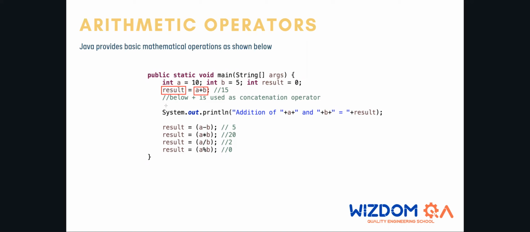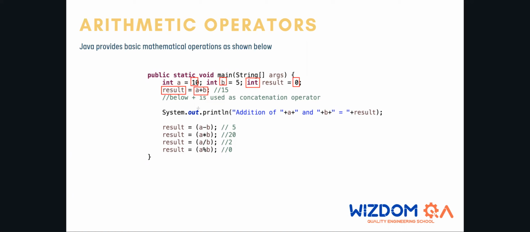The result variable had the value 0, but not anymore, because in this line it has got the new value. Since result is an integer variable and you are adding 2 integers, it will obviously accept it.